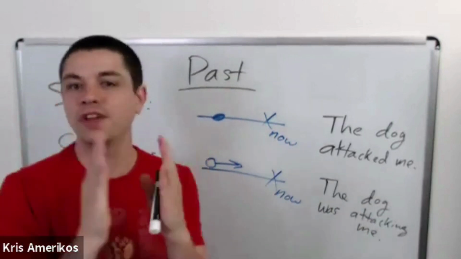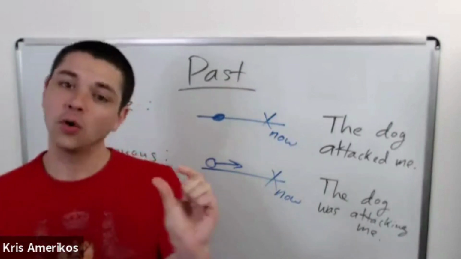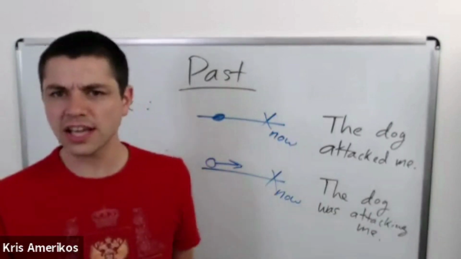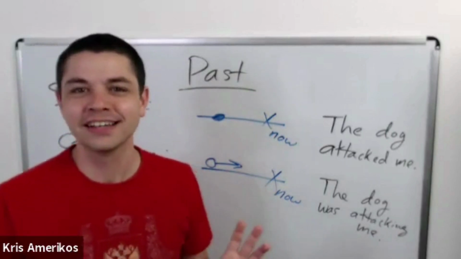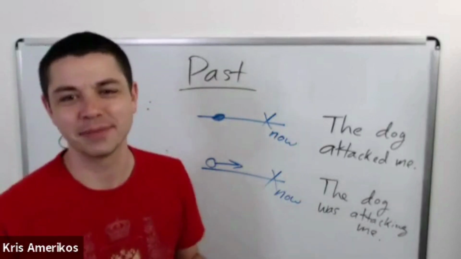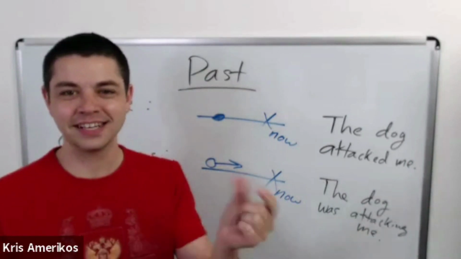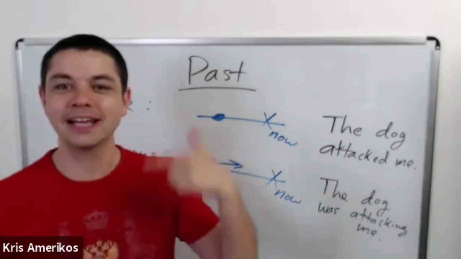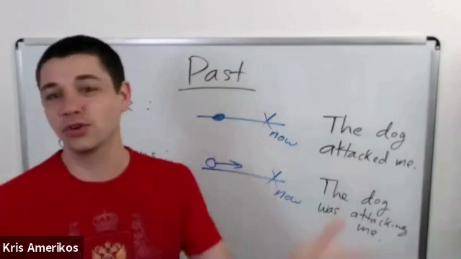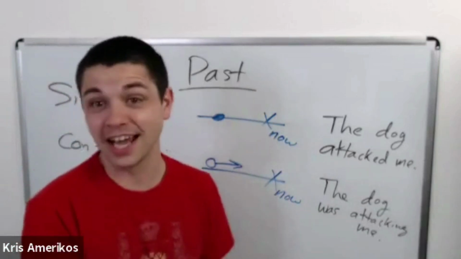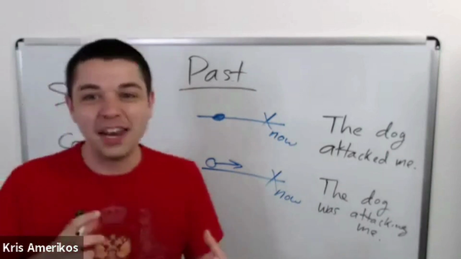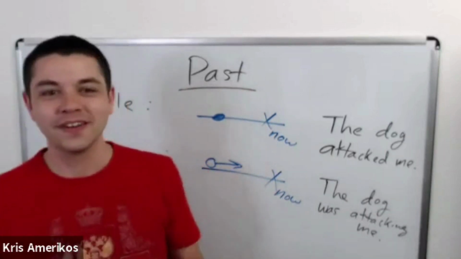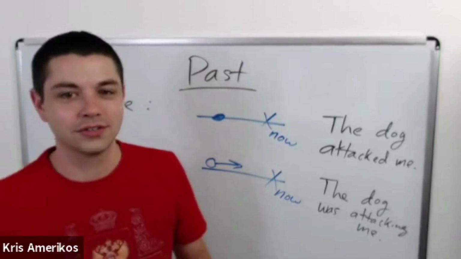It's not a finished period of time. It's just one moment in time. Yesterday at 5:27, the dog was attacking me. Right? It's just at one moment in the past, and it's this process, and we don't know if the dog finished attacking me, or we don't know if I won or the dog won, or we don't know any result.